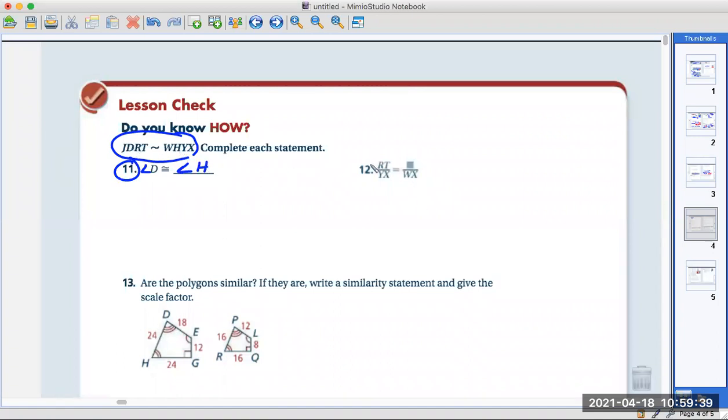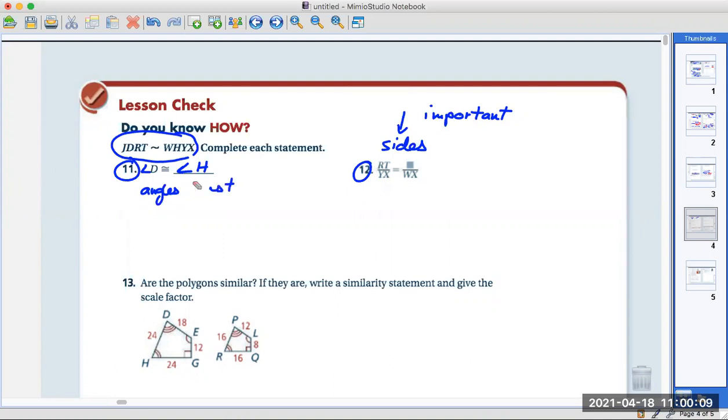Now your job is to fill in, these are sides, so these are angles. And mostly we're not concerned with angles, mostly we're concerned with sides. When it's about similarity, it's about sides. The only thing we have to make sure is that the angles must be the same.